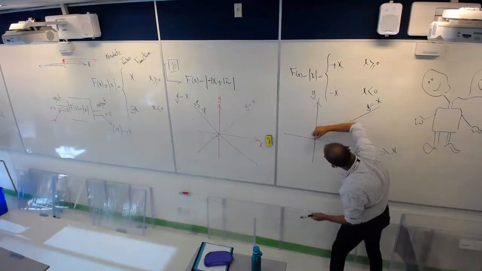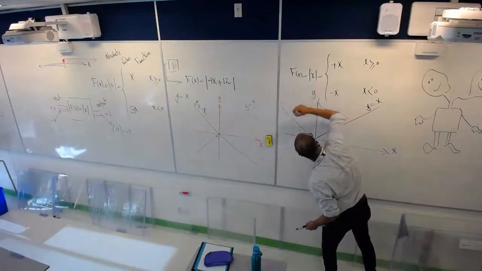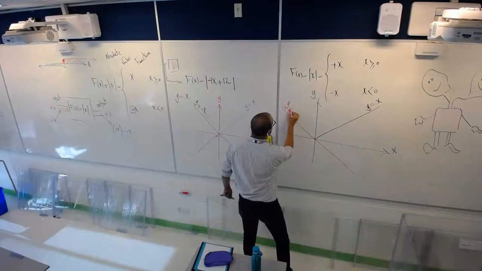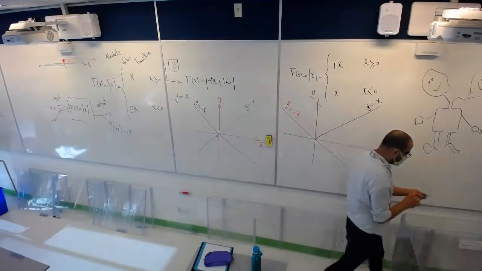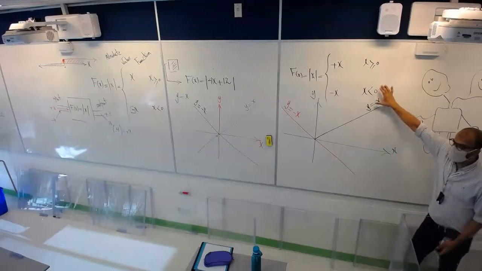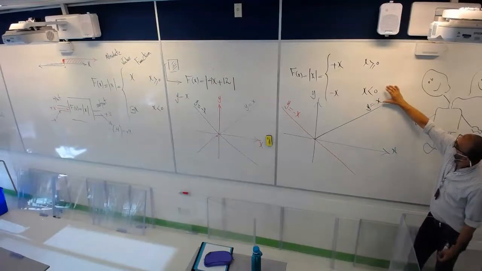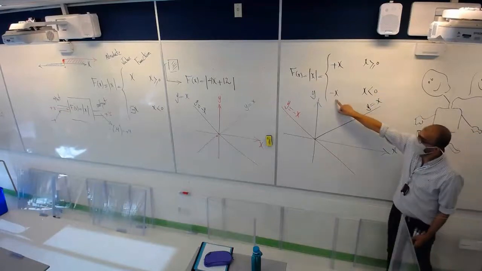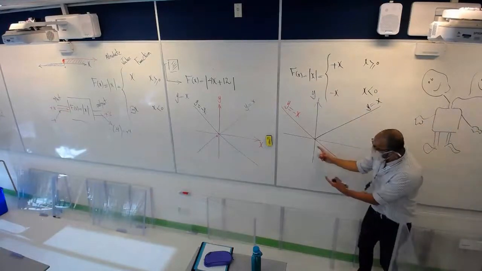Let me do this with a different color. This is y equals minus x. But it tells me a condition. Simon, the condition says that if x is negative, you plot minus x. Where is x negative?